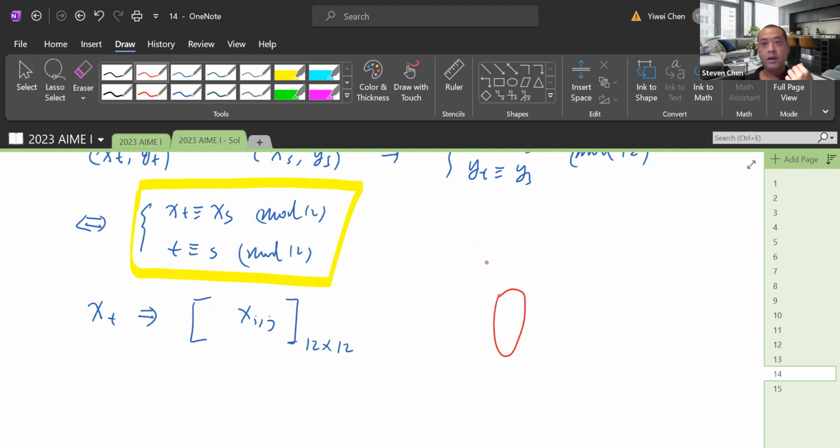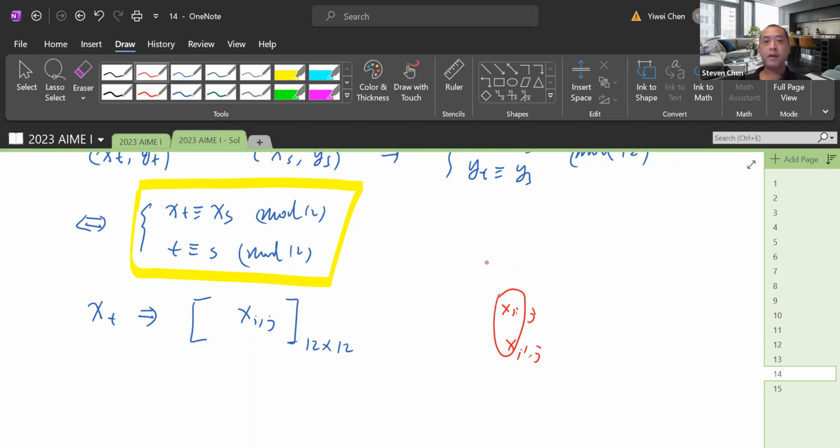Next, let's consider two entries in the same column, say one is x_ij and the other is x_i'j. Under what condition is xt congruent to xs modulo 12? They should have the same remainder when divided by 12.